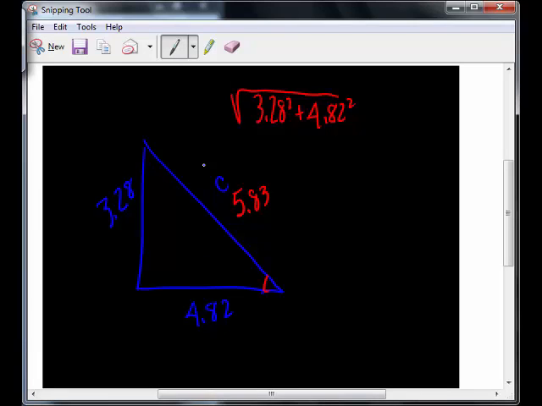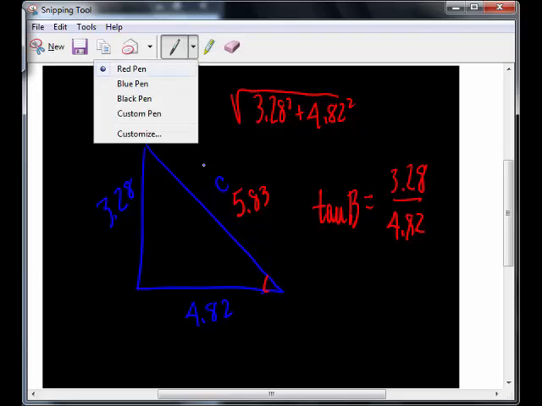And for this angle, tangent of B is 3.28 over 4.82.